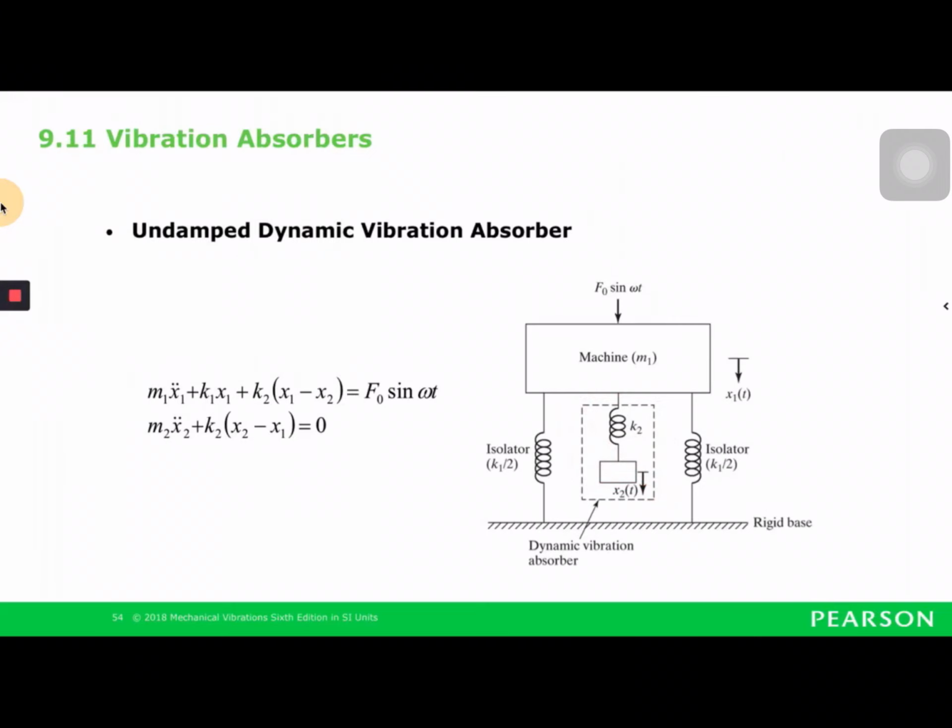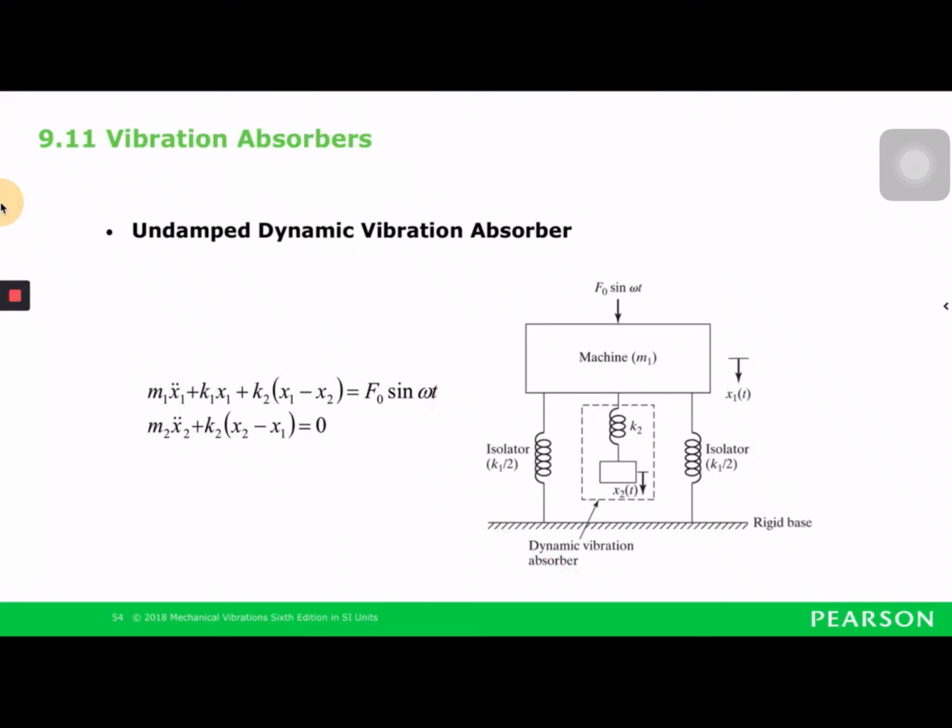But if we want to introduce an absorber, we are introducing a new spring mass system into the existing system, so it becomes a 2 degree of freedom system, right?